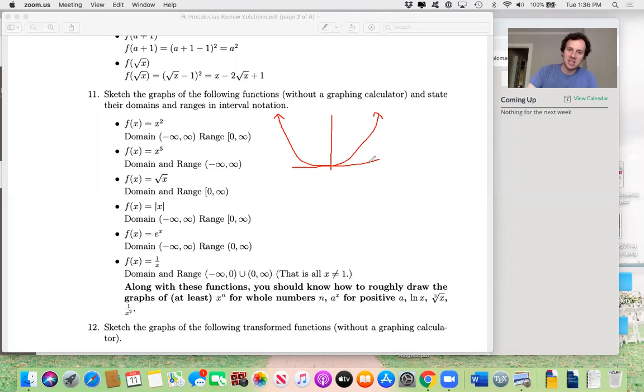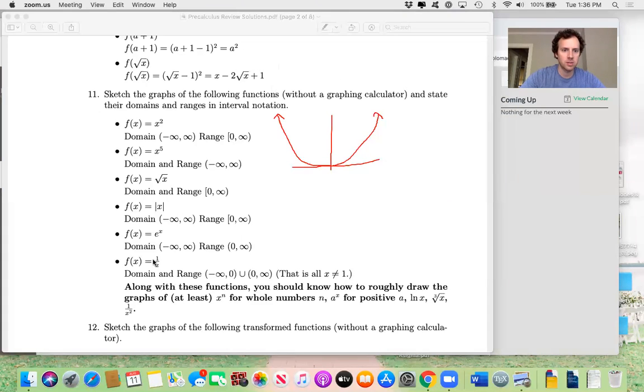Especially here, because I'm trying to do this on my mouse, the picture isn't great. It's supposed to be symmetric, but the basic features are that it starts at the origin and then goes up, curved in both directions. So that's a basic understanding of question 11. They don't have to be perfect, but knowing the really key features.